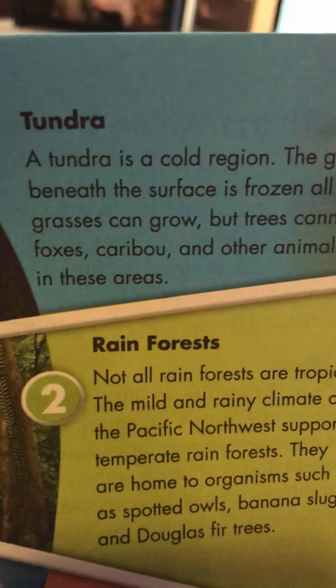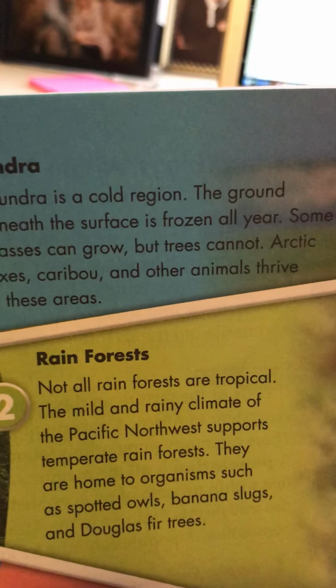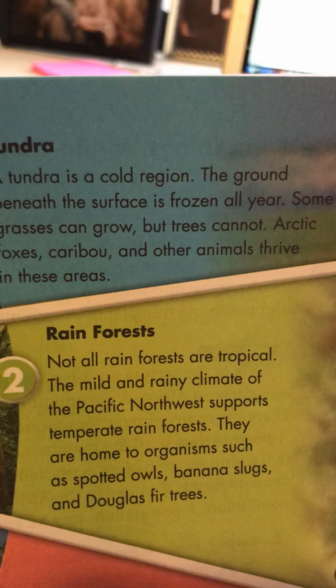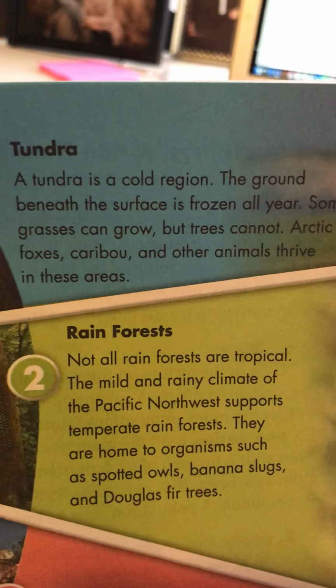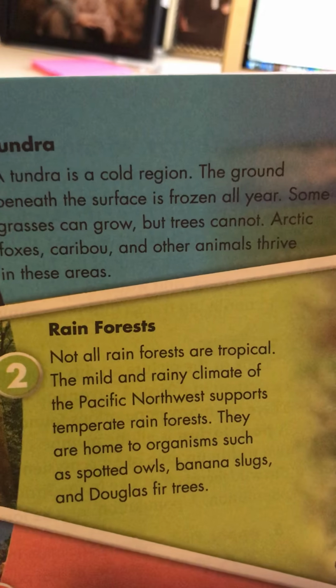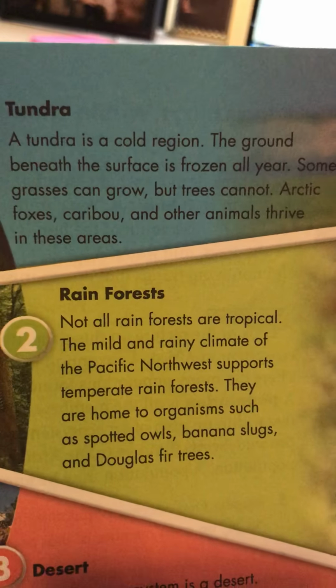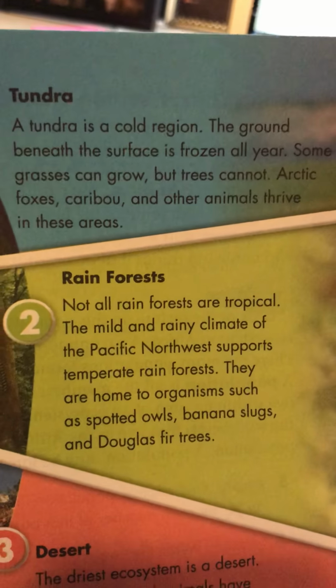Tundra. A tundra is a cold region. The ground beneath the surface is frozen all year. Some grasses can grow, but trees cannot. Arctic foxes, caribou, and other animals thrive in these areas. Thrive means they do really well.